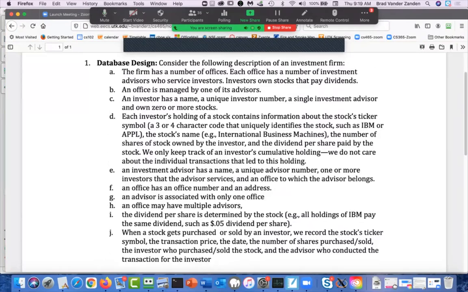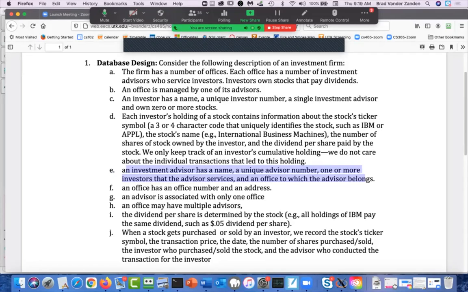I don't think in it we said an investment advisor has a name, an advisor number, one or more investors. It didn't say that, and exactly 0 or 1 offices that an advisor manages.